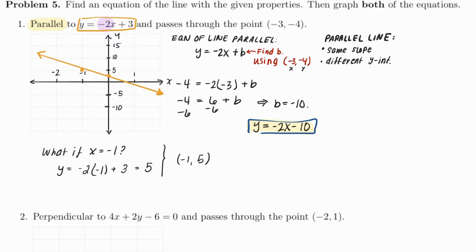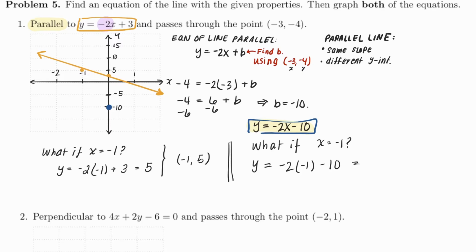And then for y equals negative 2x minus 10, the y-intercept is at negative 10. So we're all the way down here. And I'm going to do the same thing as I did before. I'm going to say, what if x is equal to negative 1? And then I'm going to plug in negative 1. So y equals negative 2 times negative 1 minus 10.